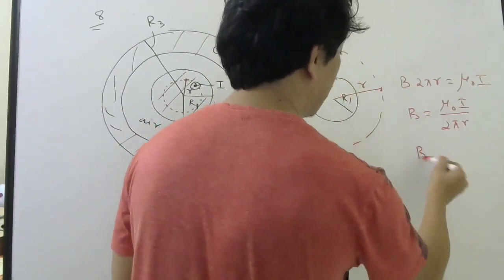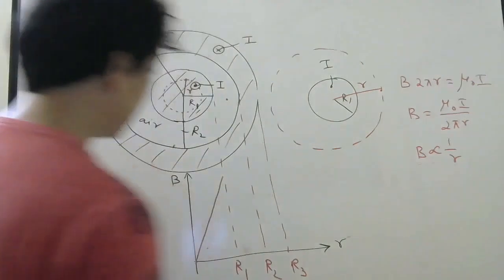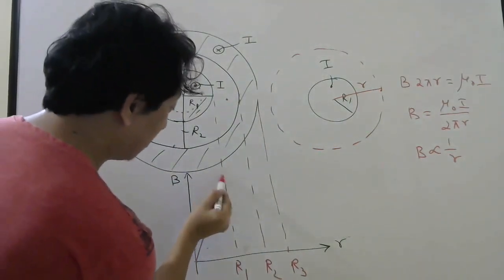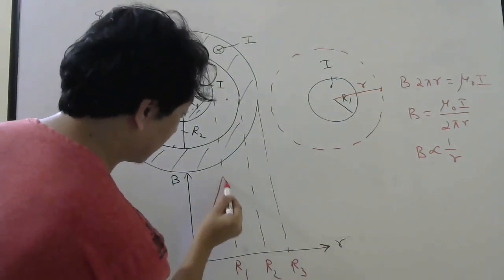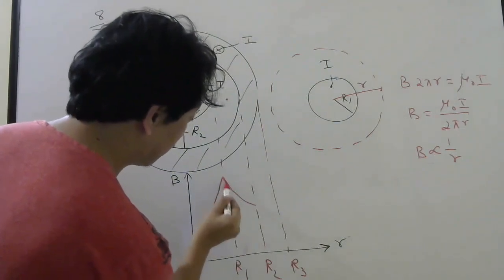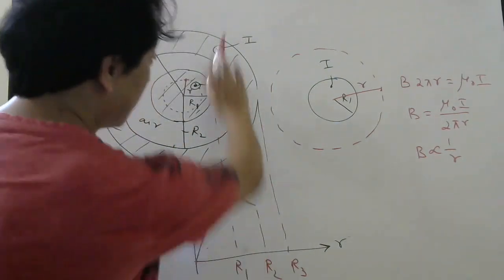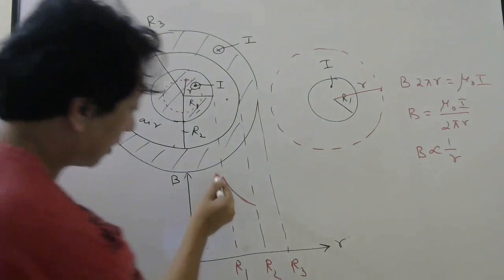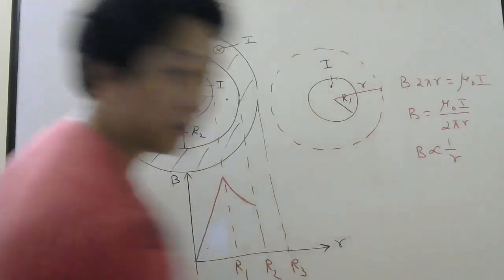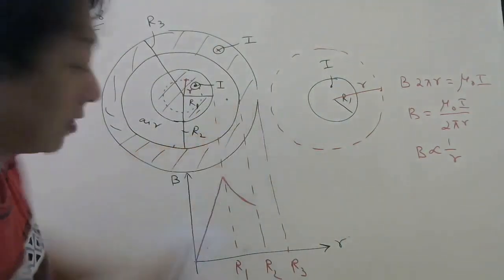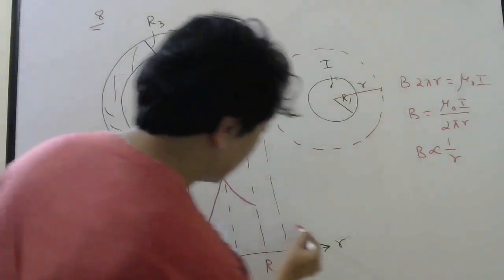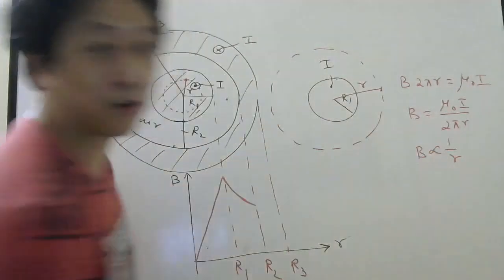It is inversely proportional to r, so outside, the graph will decrease like this. If this conductor was not there, the magnetic field would keep decreasing and finally become 0 according to this formula.